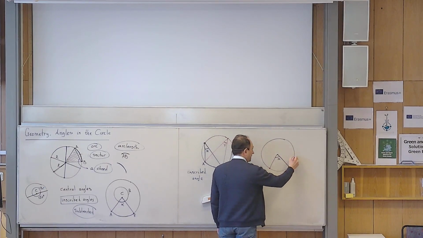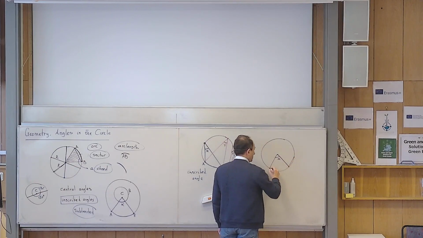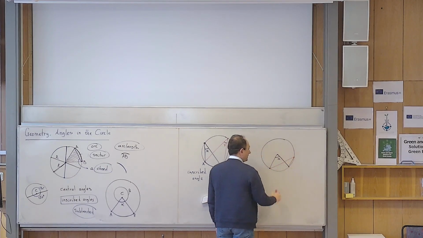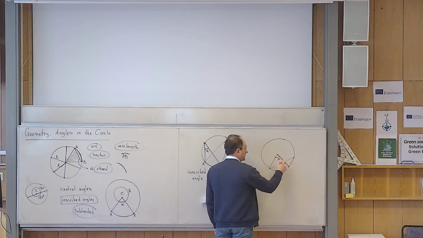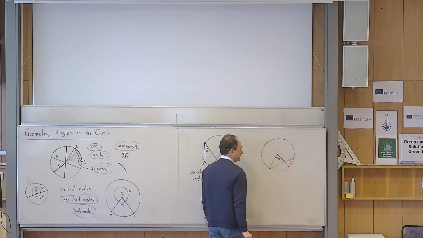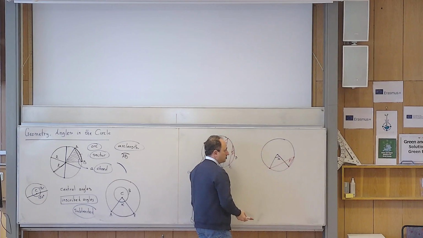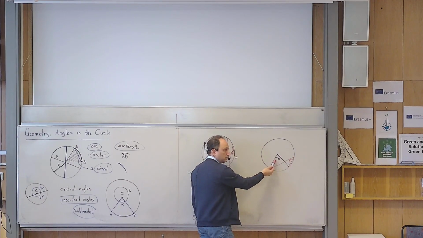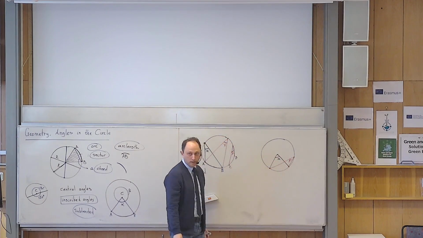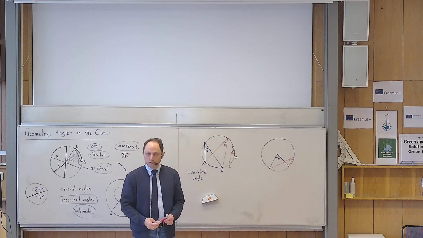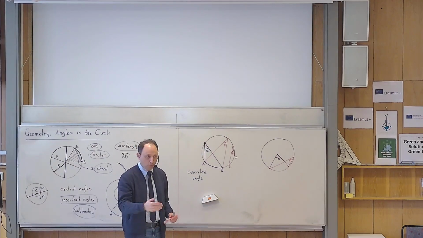I mean, for example, here and here. If this angle is alpha, let me call this angle beta. I want you to understand the difference: this angle is central, this angle is inscribed, but what they have in common is the same arc opposite to them.